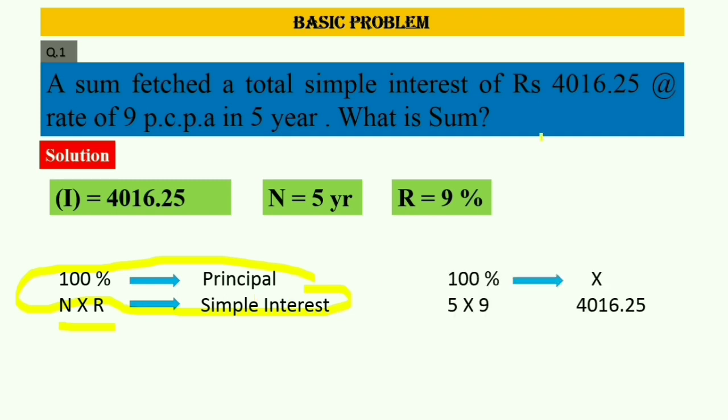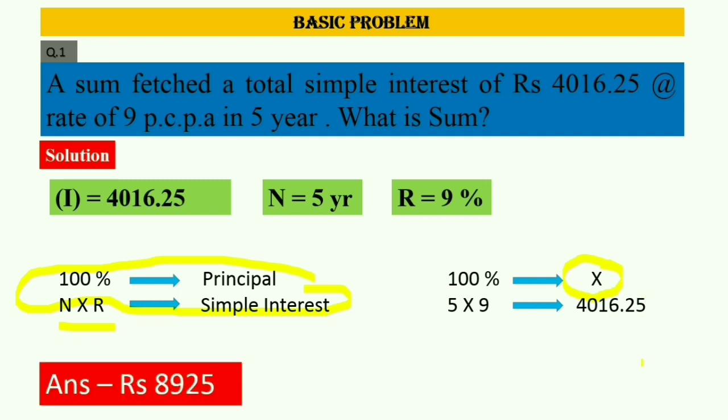Here I don't know the value of the principal, that's why I have considered it as X. After that I put the value of N, that is 5 years, R, that is 9%, and the simple interest, which is given in the problem, that is 4016.25. After cross multiplication we get the principal, that is 8925. By this approach, the calculation takes less time.